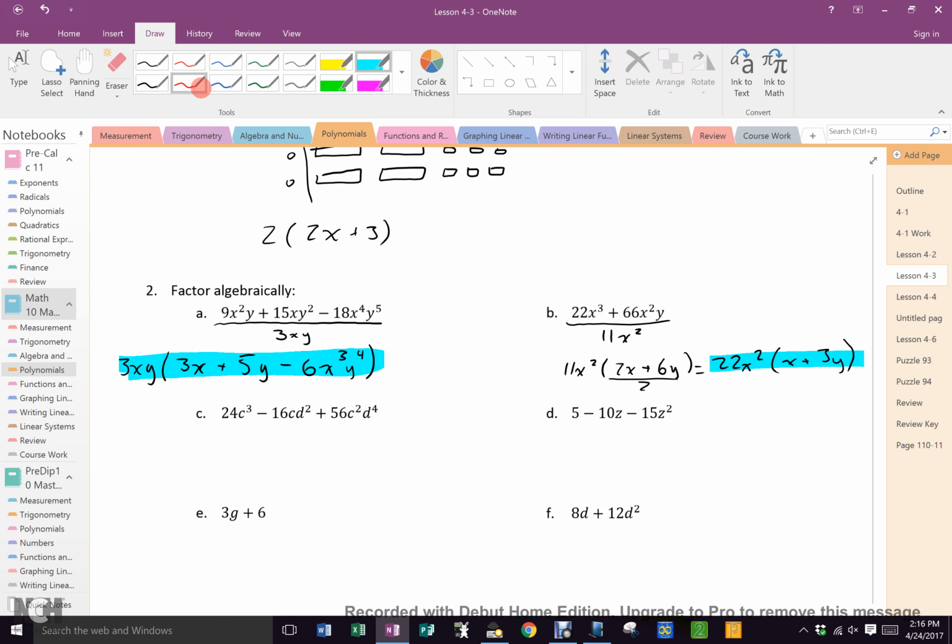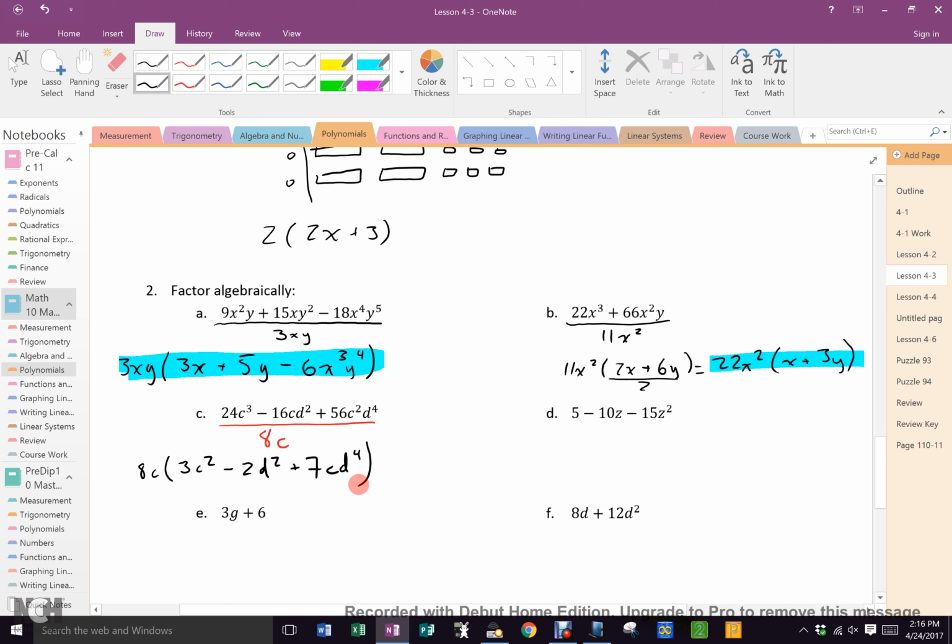All right, C. What's my common denominator? Common factor. 8C. Right? So what goes on the outside? 8C. What goes in the middle? Minus 2D squared plus 7CD4 bracket.